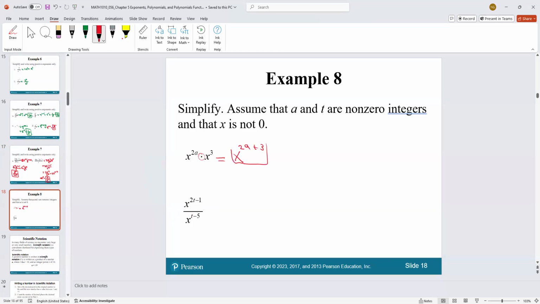We cannot add these two to make it 5a because the a is a variable. We don't know what it is. The same way here in the division, we subtract the exponent in the denominator from the exponent in the numerator. So t minus 5. That's the rule.